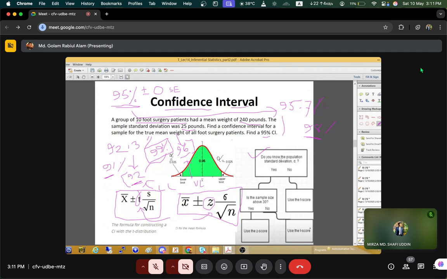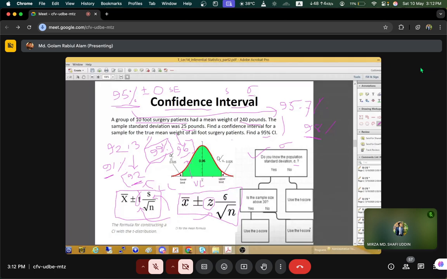Do you know the population standard deviation? That is sigma. So whether you know sigma or not. Sigma is the population standard deviation, and S is our sample standard deviation.